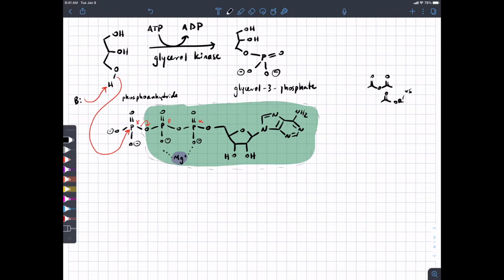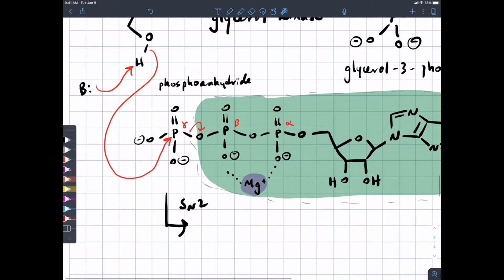I'm showing this mechanism as though it were SN2. I think I mentioned at some point in the past that there are some people who will draw first this bond forming to give you a pentacoordinate intermediate, 5 atoms bonded to phosphorus, and then the leaving group leaves.